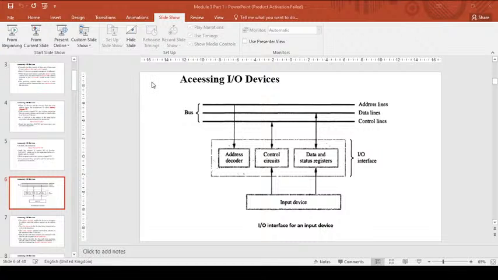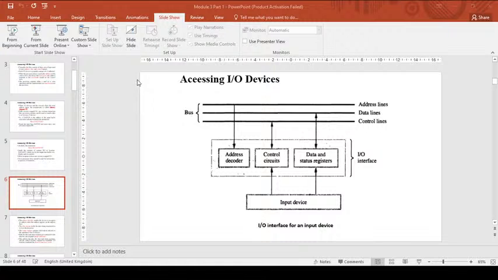Now, as soon as bit 0 of the status register, the SIN flag, becomes 1, this branch condition becomes false. The control will not branch to the label WAITK because it is not equal to 0 now, it is 1.